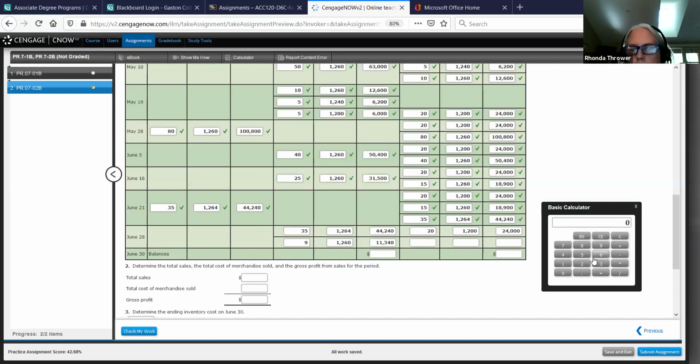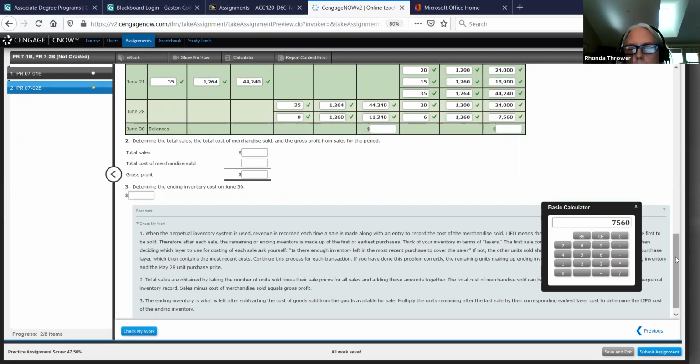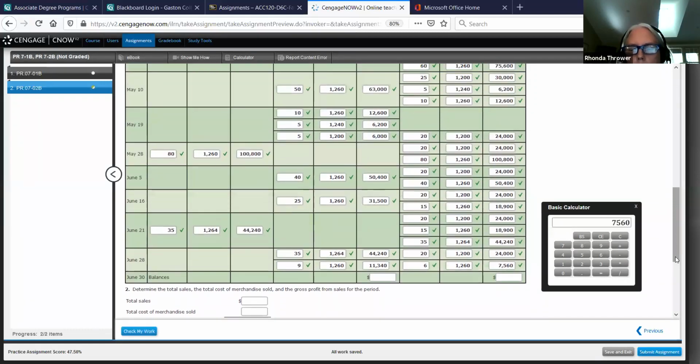So we'll have 6 units left at 1,260. And 6 times 1,260 is 7,560. And I would check my work, and your math is correct. And so this is your cost card.